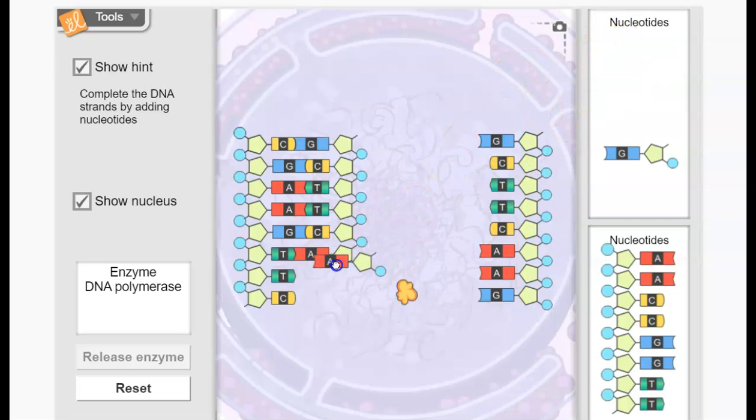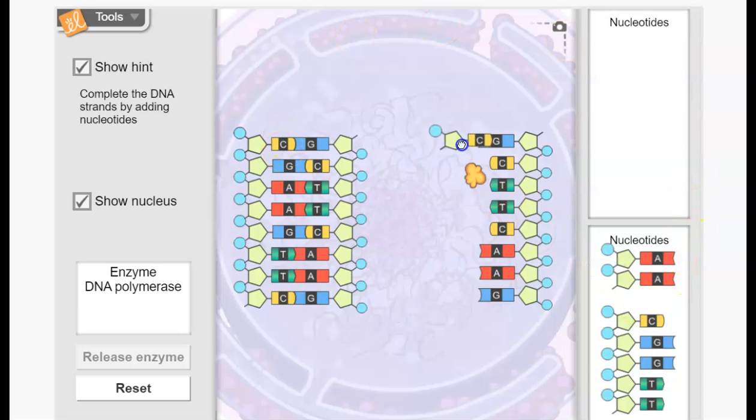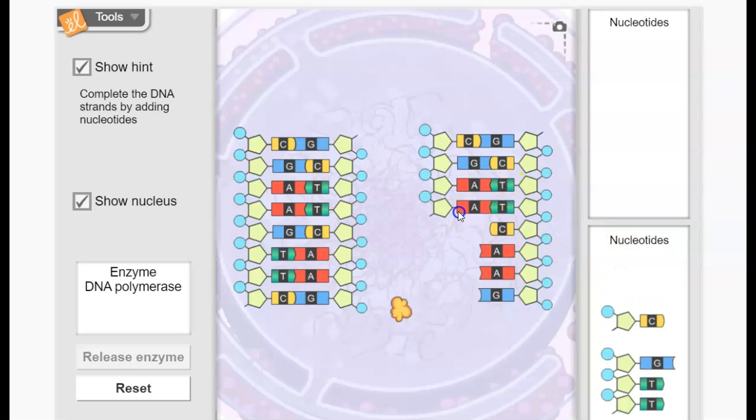Remember, A to T, C to G, and then this gets the G here. So now I have one new strand of DNA, and I'll put this together. This guanine used to be attached to a cytosine, so I'll go grab a cytosine. C to G, T to A, always. T to A, C goes with G, A goes with T.